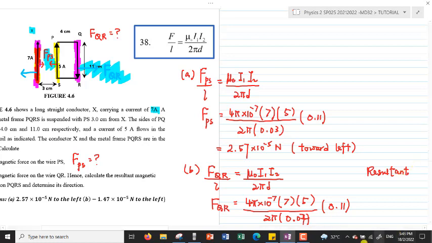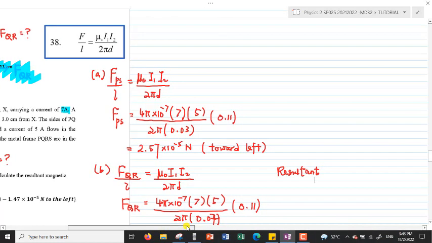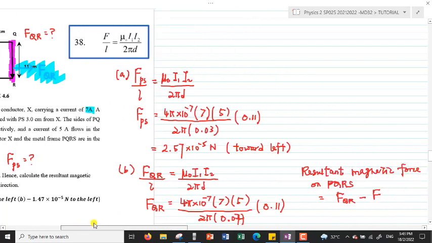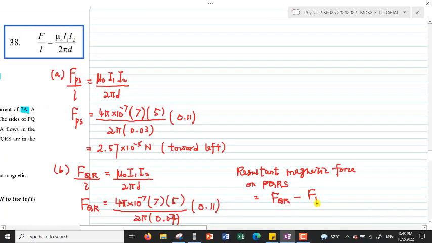So we want to find the resultant magnetic force on PQRS, which will be force QR minus force PS. Why minus?